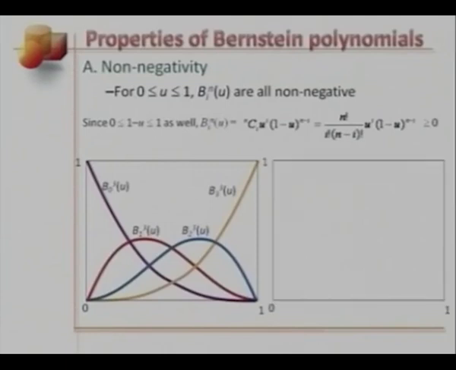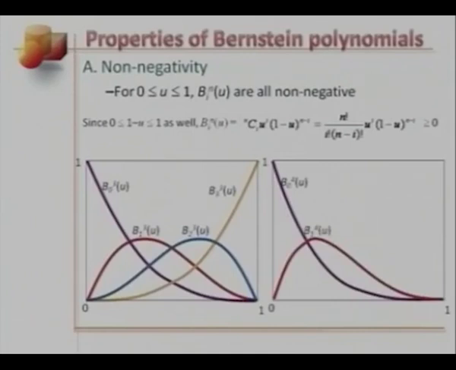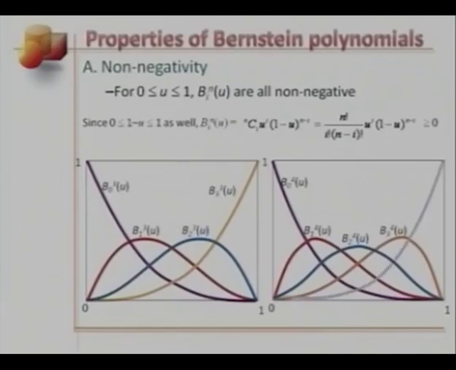Another example of degree 4 Bernstein polynomials. This one is b sub 0 super 4. This one here is b sub 1 super 4. This is b sub 2 super 4. This one is b sub 3 super 4. And finally, this one is b sub 4 super 4. Once again, all of them non-negative.